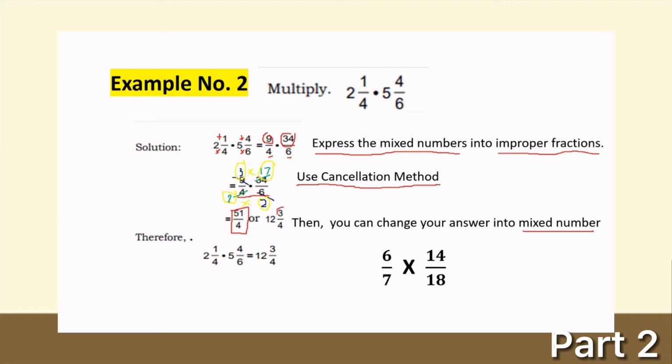So, lalagay mo dito, 3. Then, copy the denominator. So, that is 12 and 3/4. The product of 2 and 1/4 and 5, 4 over 6 is 12 and 3/4. Okay.